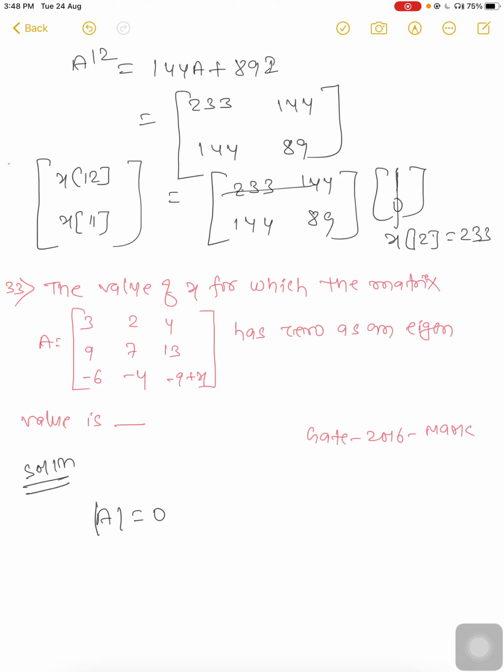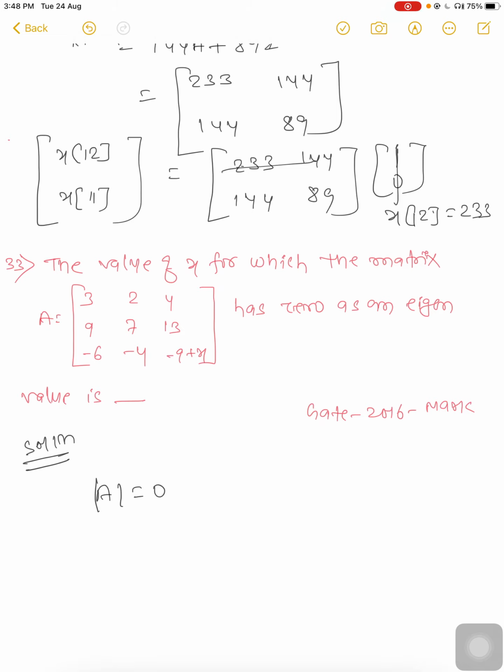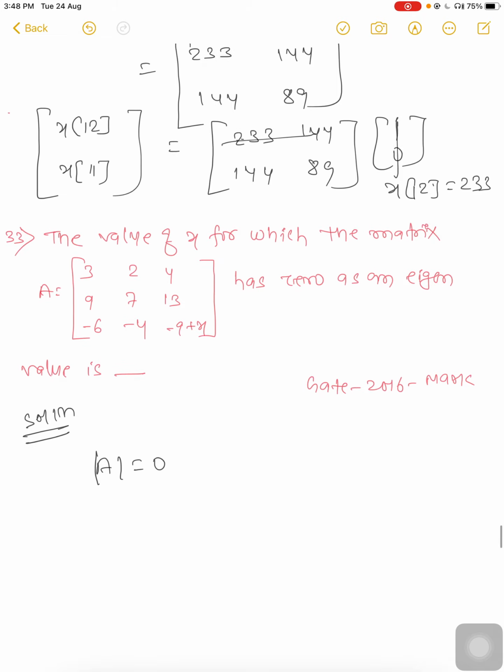If any one eigenvalue is 0, it means the multiplication of all eigenvalues will be 0. So take the determinant and solve it.